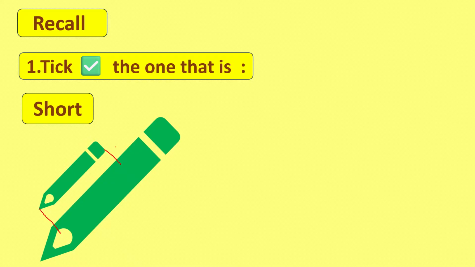But the long pencil remains from here on the upper side and from here on the lower side. When we compare, the small pencil is the short pencil. Okay, a short one in the figure. I'm just removing it and you have to look at it in a proper way. So we have to tick on a figure according to our question.